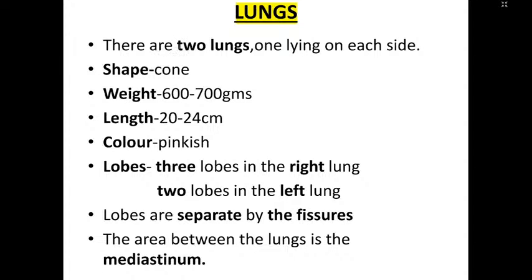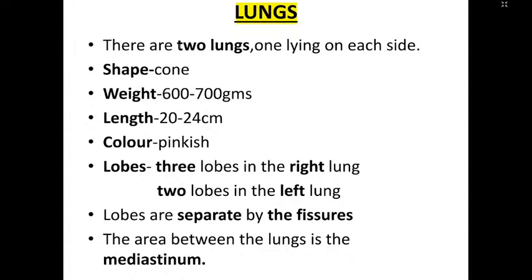There are two lungs, I told you, the left lung and the right lung. The left lung has two lobes and there's a cardiac silhouette. The right lung has three lobes. The left lung has an oblique fissure dividing superior and inferior lobe.